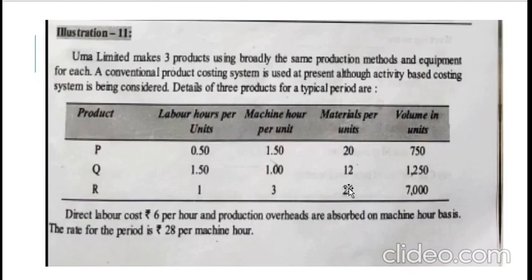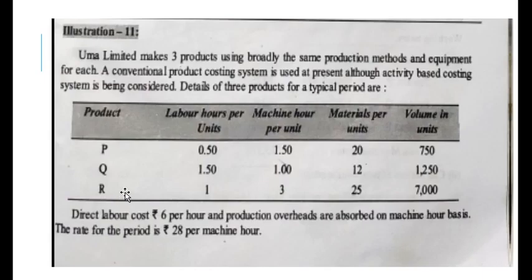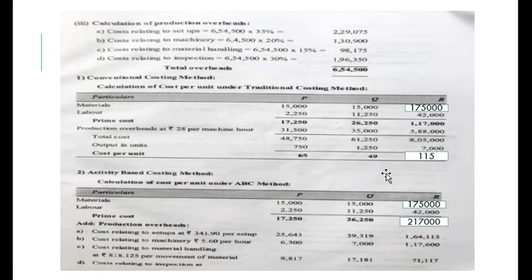Then for Q, you have 1,250 into 12, which will give you 15,000. Next, for our product R, the volume in units is 7,000. Material per unit is 25. So 7,000 into 25 will give us 1,75,000.